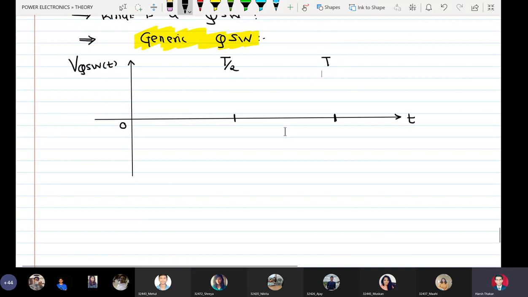See students, now what I do, I will divide the interval 0 to T by 2 in two parts from here. So this is the first break here, the second break here. Now see how I'm drawing the waveform.